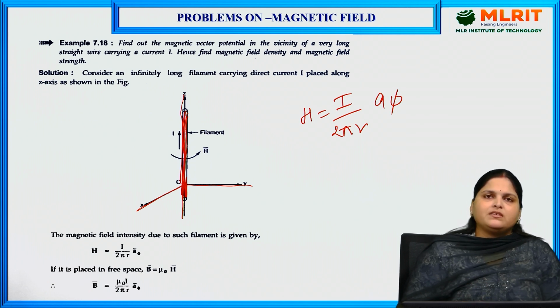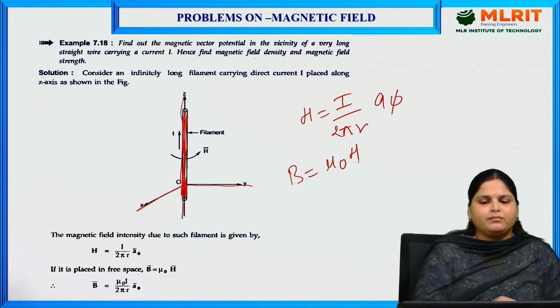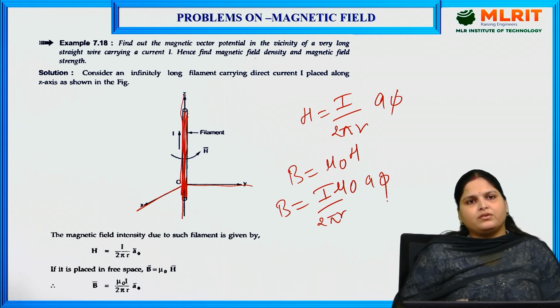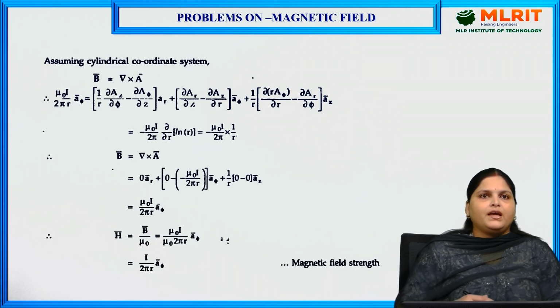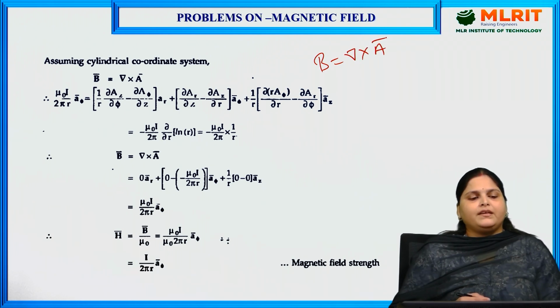Now if it is in free space, we can write B is equal to mu naught H, means B is equal to mu naught I upon 2 pi r a phi. So this is the formula of H and B, right? And also we know that B is equal to del cross A, the vector magnetic potential.